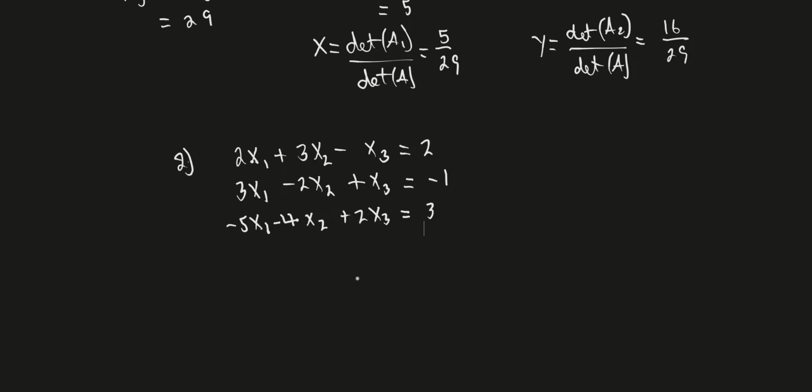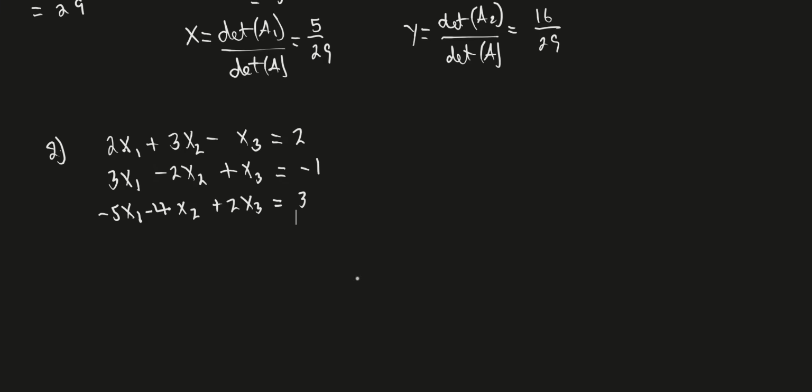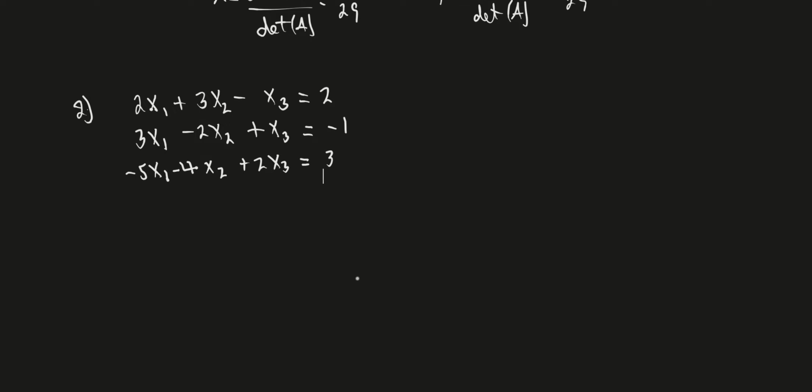All right, so let's write down all the determinants that we need for this. Now we're going to need 4 determinants because you need the determinant of the coefficients, so that's 1, and then you're going to need the determinant for when I replace each of the three columns with the b's. Okay, so let's see how this works. So A, my coefficient matrix, is 2, 3, -1, 3, -2, 1, -5, -4, 2.